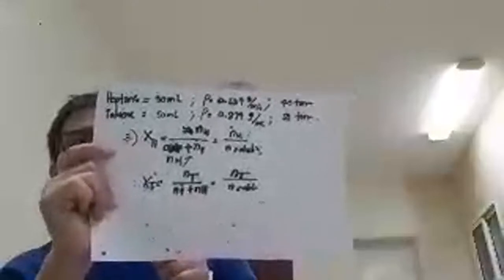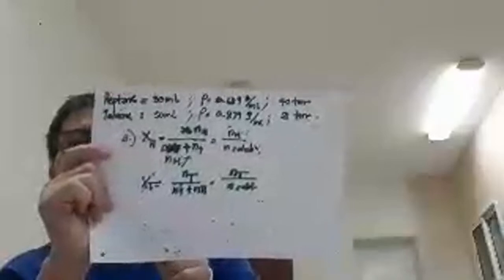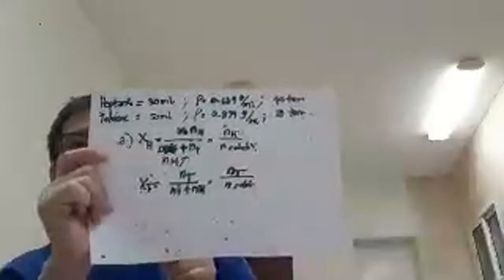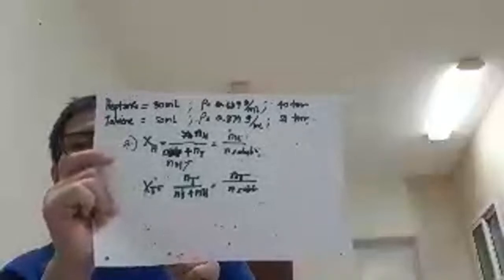Now, how can we get the number of moles of heptane? Since we know the density, then we can get the mass. Since we already have the mass, we can use the molar mass, or molecular weight. Since it is molar mass, it involves the number of moles N. So we can solve for the number of moles by substituting the mass of heptane that we get from the equation density equals mass over volume.